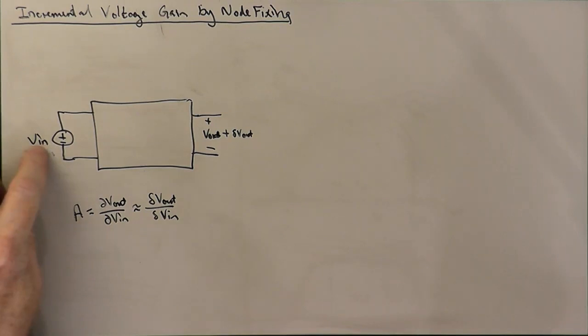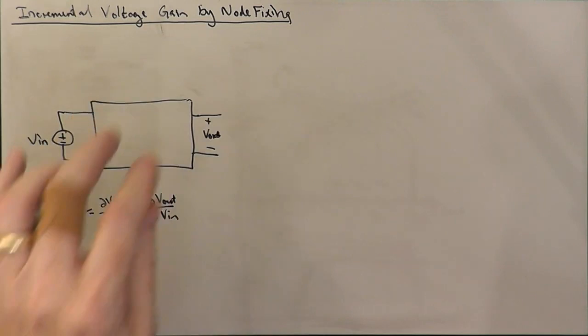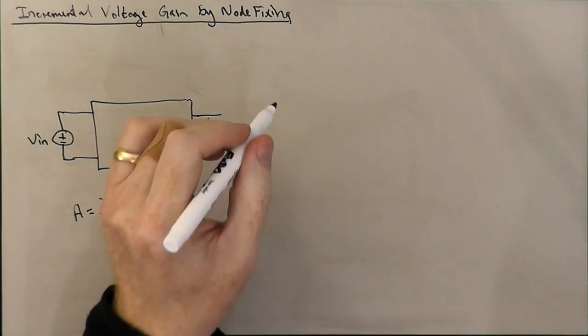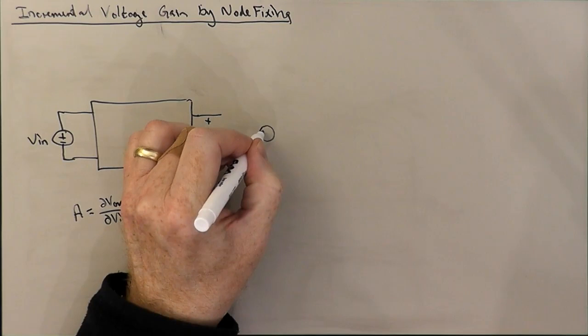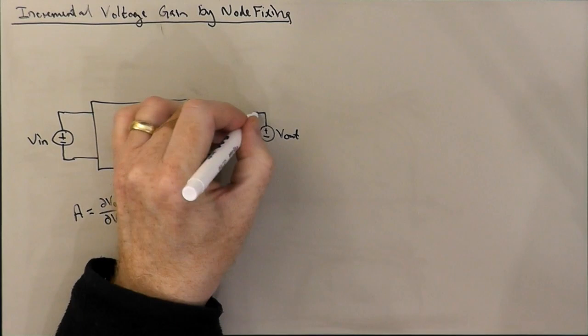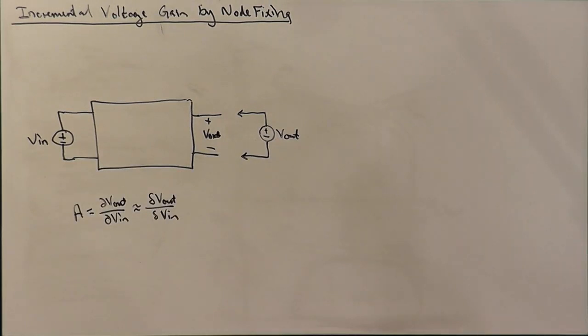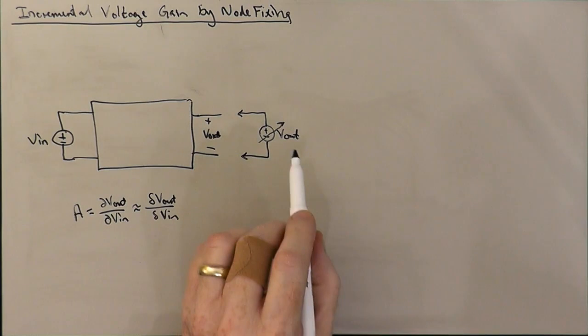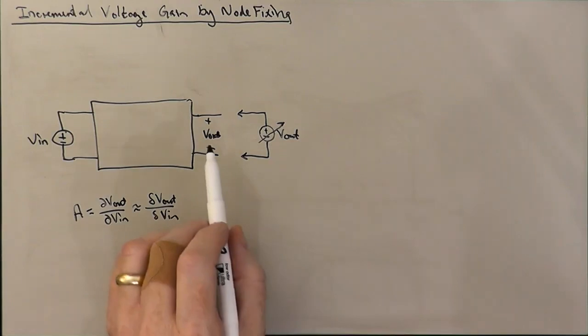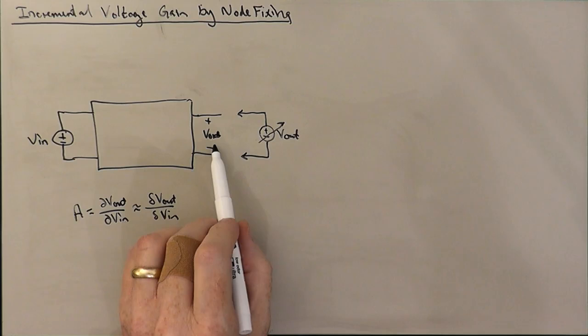Okay, so we're going to imagine before we apply our change in the input voltage source, we're going to imagine taking an auxiliary output voltage source, and we're going to think about attaching it to the output voltage port. And we're going to imagine pre-adjusting this output voltage source so that this voltage value precisely matches the open-circuited quiescent output voltage of the circuit.